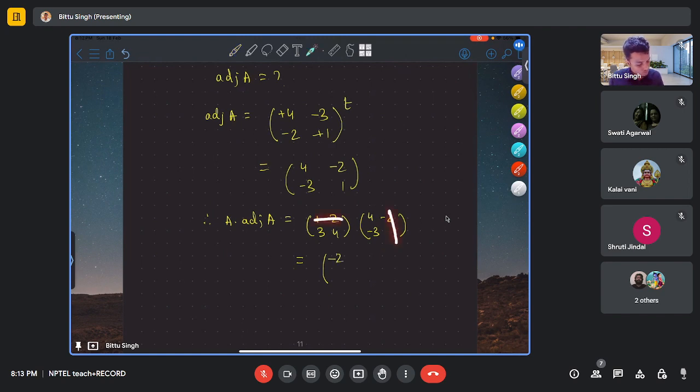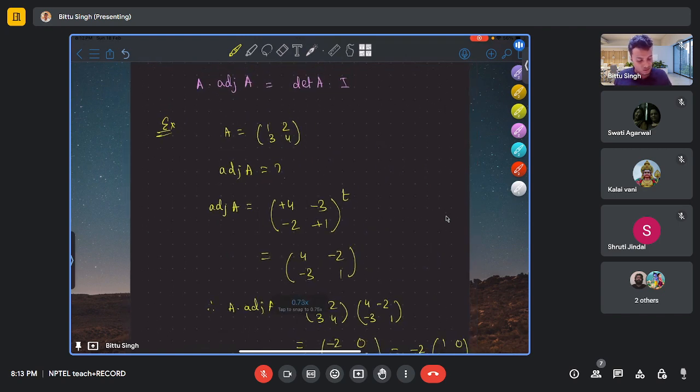Similarly 1, 2 times minus 2, 1 is 0. Then again 0, and 3 into minus 2 plus 4 times 1 is minus 6 plus 4, which is minus 2. So this is the same as minus 2 times the identity matrix, because if you take minus 2 out, it is the identity matrix.